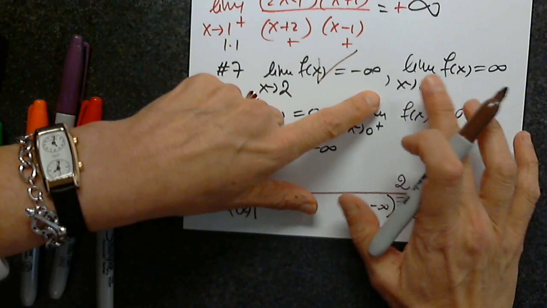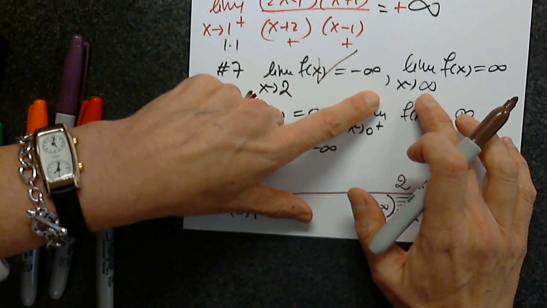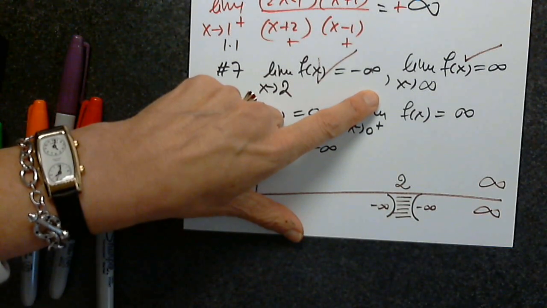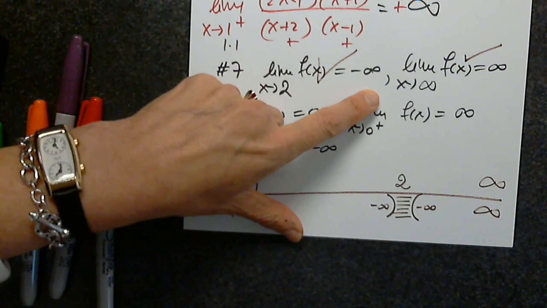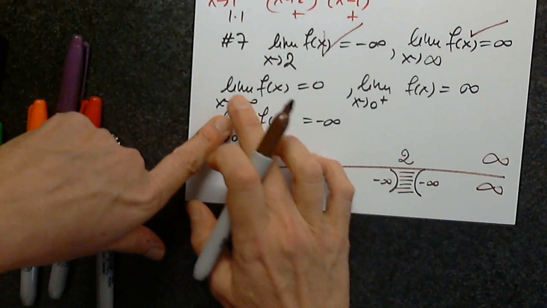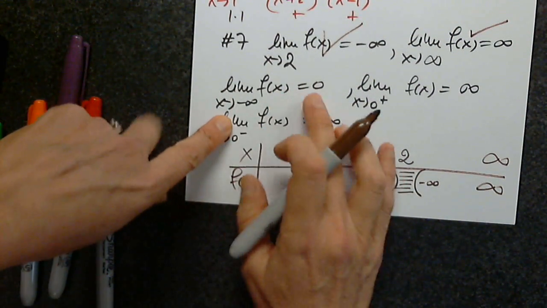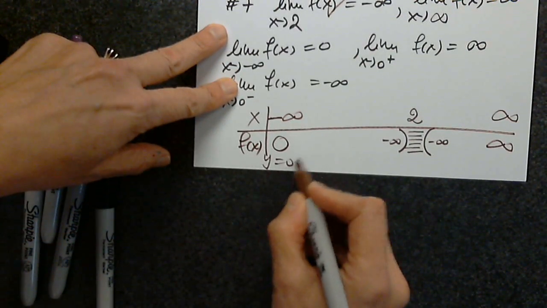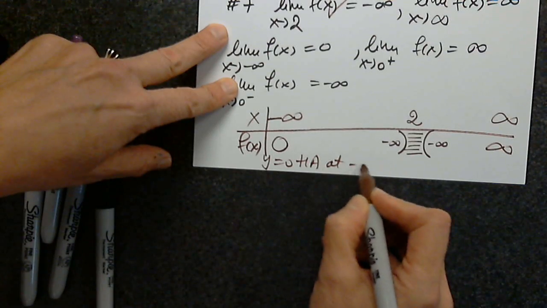I'm moving on. Limit of f of x as x approaches infinity is infinity. Next one. Limit of f of x as x approaches negative infinity is 0. Y equals 0, horizontal asymptote at negative infinity.